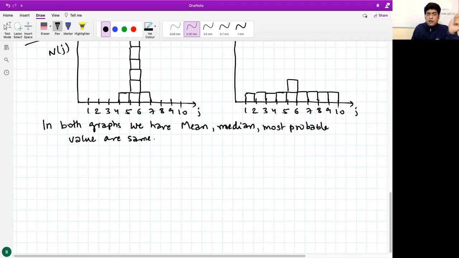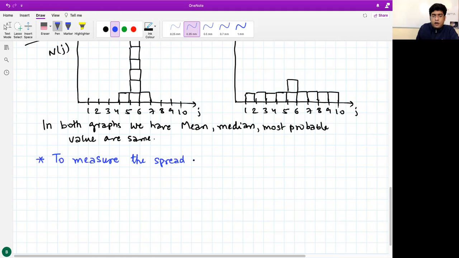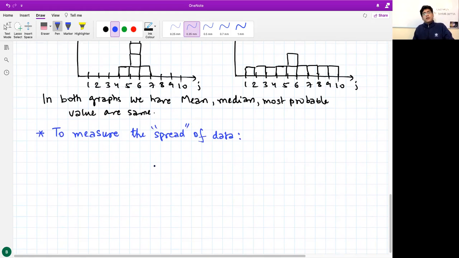So we'll define something to measure the spread of data. This is not a technical term, but we can talk about it in English. So this is the spread of data.